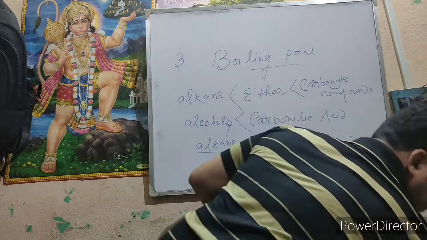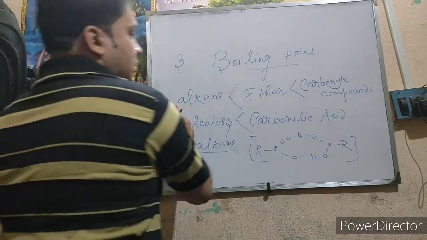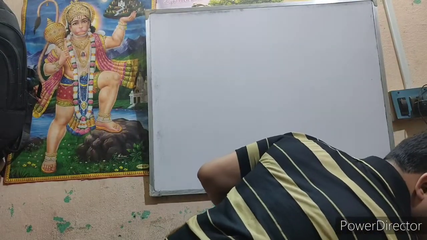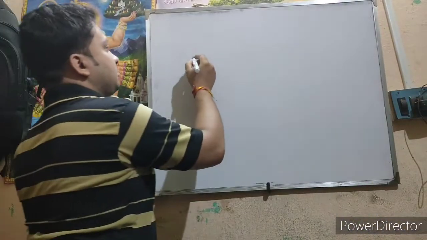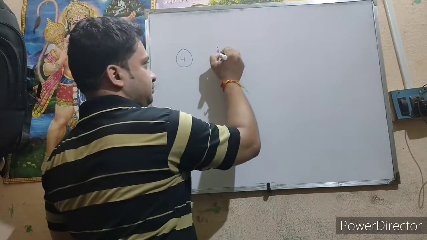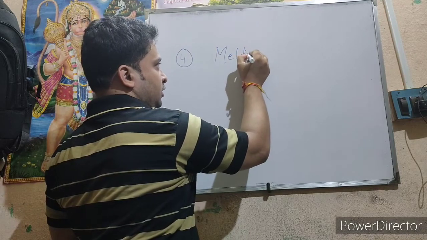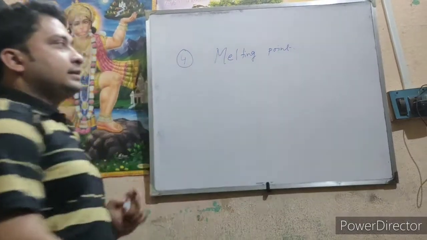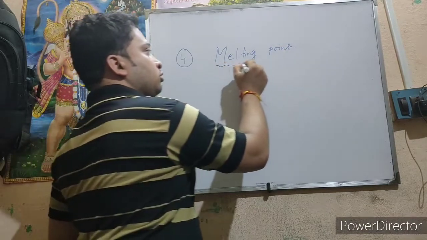Now finally, the next physical property is melting point.